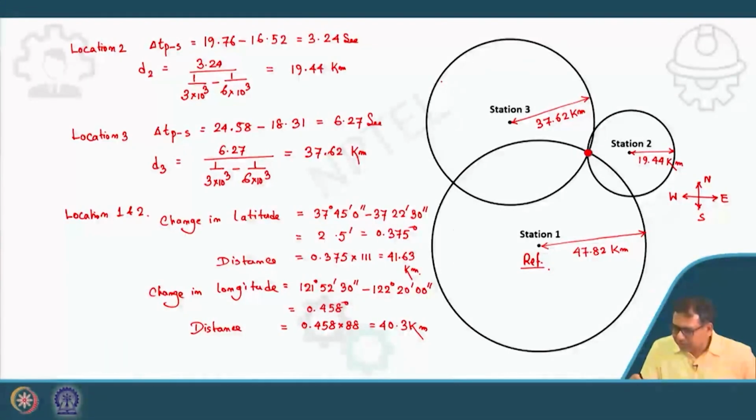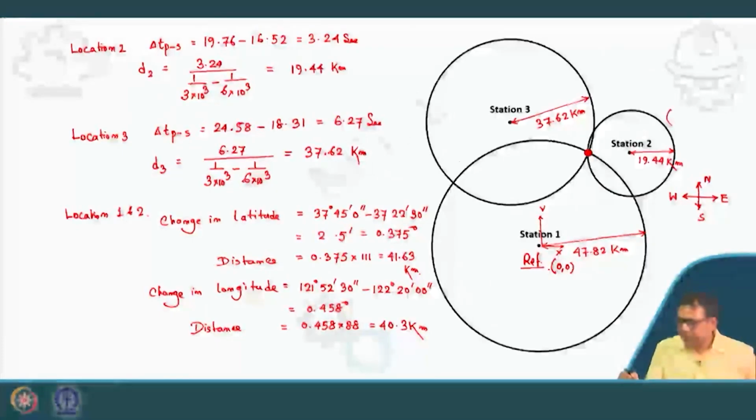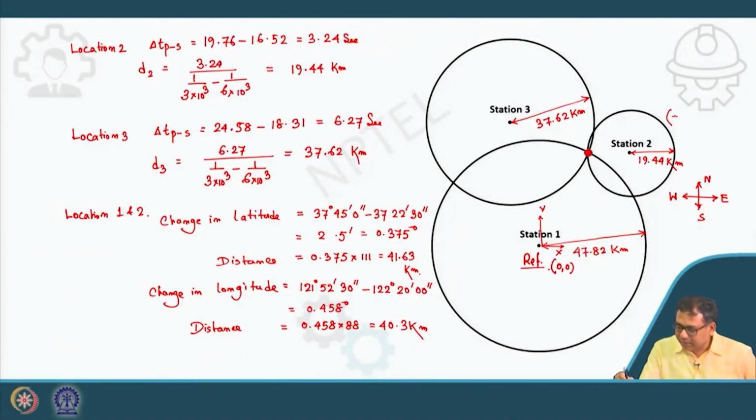Now if I write this is my 0, 0, and this is y and this is say x. So what is the coordinate of this one? x coordinate is towards the east, so x coordinate will be plus 40.3 and y plus 41.63.